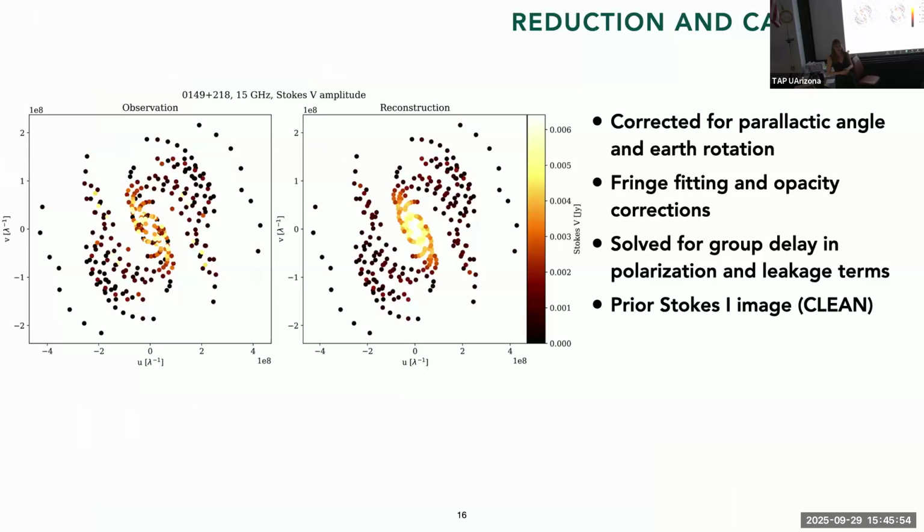I corrected for the parallactic angle, I fringe fitted and used opacity corrections. I solved for the group delay and polarization leakage terms, and then I produced prior Stokes images with the CLEAN algorithm, which I later used as a prior for the regularized maximum likelihood code.